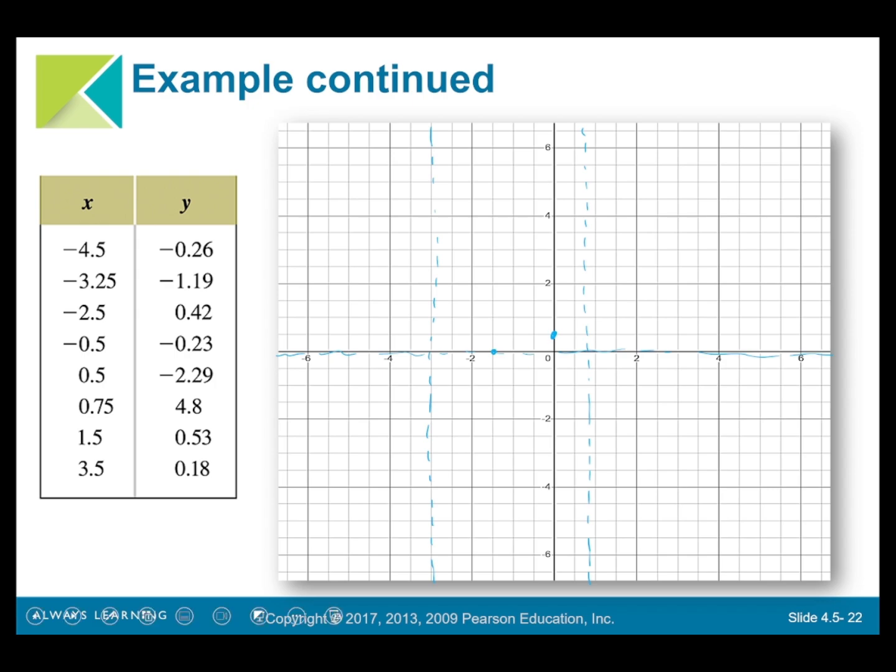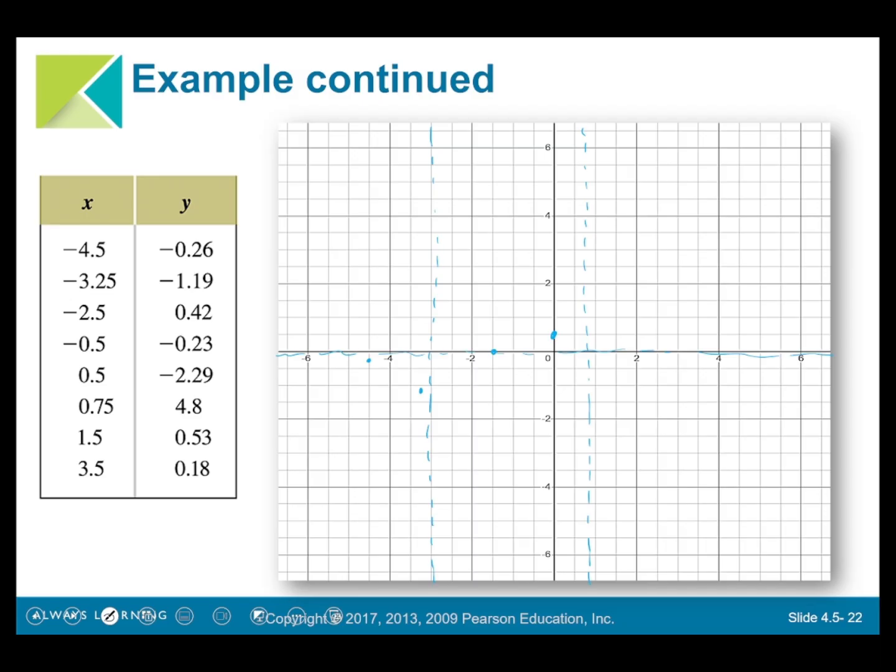Now let's jump in and graph all the other points on our table. We have our grid lines, kind of expecting where our shapes are going to go. So negative 4.5, negative 0.26 goes right here. Negative 3.25, comma, negative 1.19 goes here.